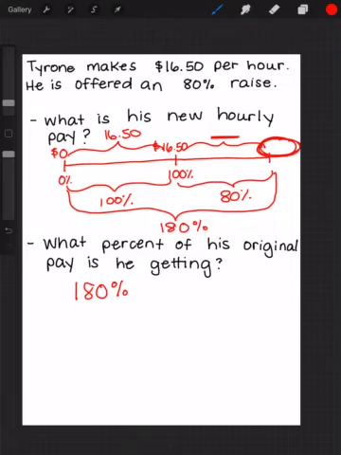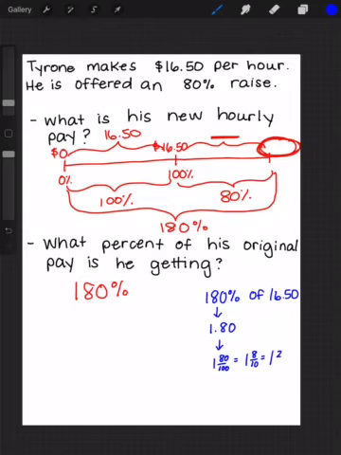Okay, so I'm going to actually do the work for this one down below, since I have more space down here. Okay, if I'm trying to find 180% of 1650, I can multiply this by 1.80, or I can multiply it by 80 over 100, which is the same as 8/10, which is the same as 4/5.